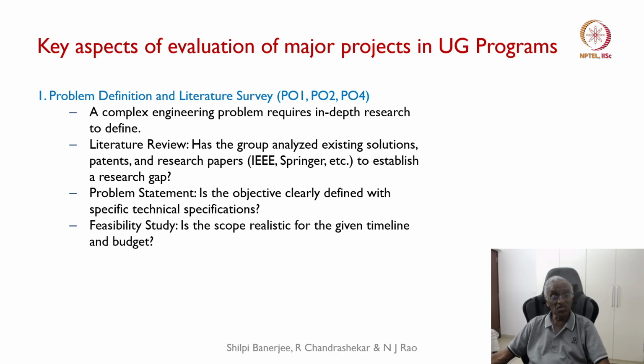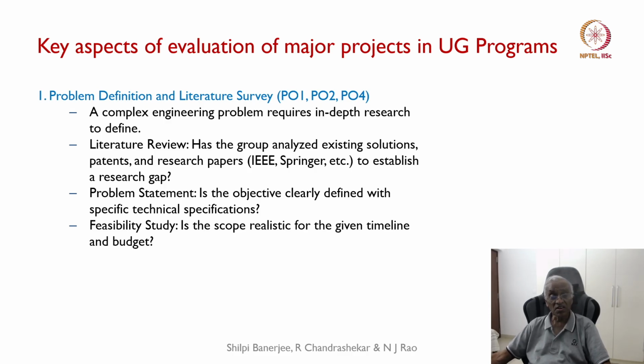Then the first thing that you have to do is literature survey. Whatever product that you want to develop, whether it is software or hardware product, some general idea would be there, and there can be somewhat similar solutions produced by others.